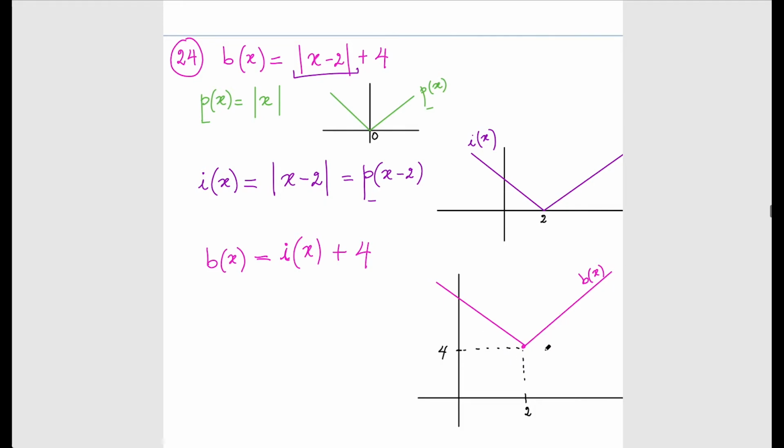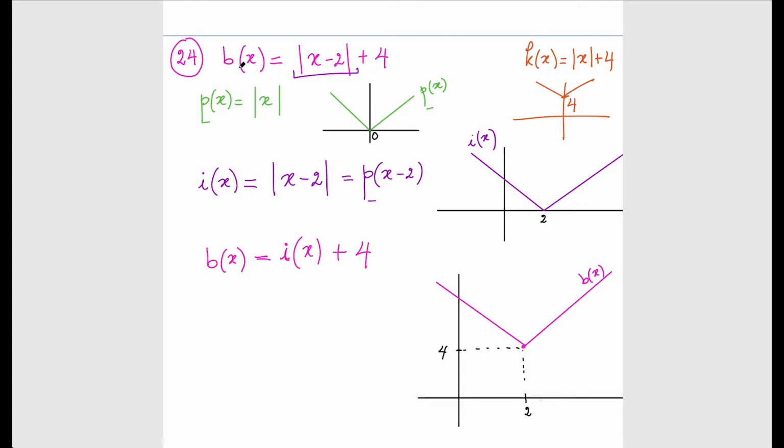The B function is the same, but instead of having your I like this, if you take your intermediate function, let's call it k of x, to be absolute value of x plus 4, so you're shifting the parent function by 4 units, right?